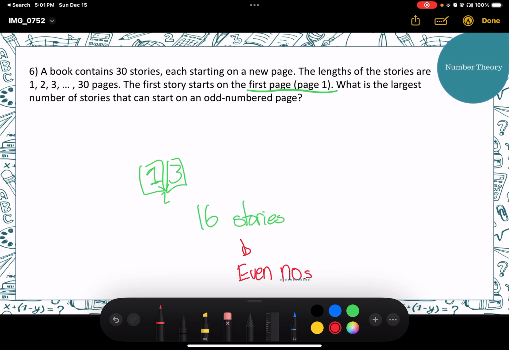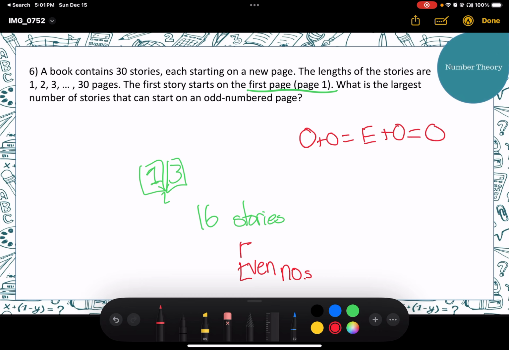So now we can say, okay, now let's use the odd numbers. So now we have 1, 3, 5, 7, 9, 11, 13, all of those. So now what we can do is, so the 16th story, right? When you add an odd to an odd, that's going to be even. But when you add an even to an odd, you're going to get an odd.